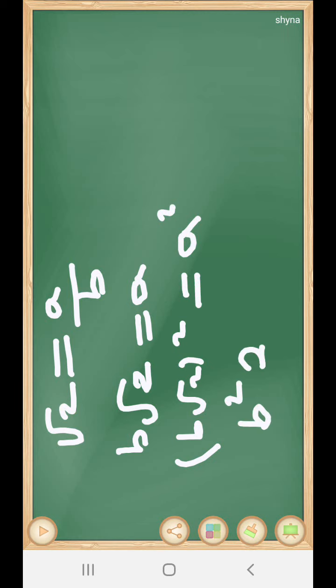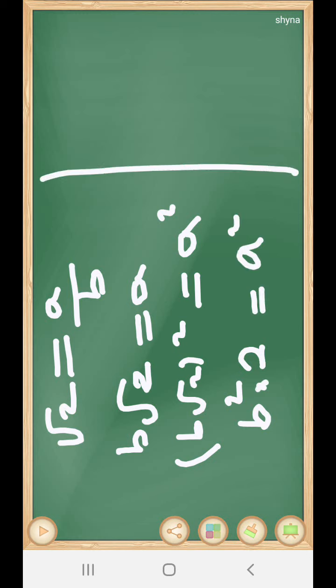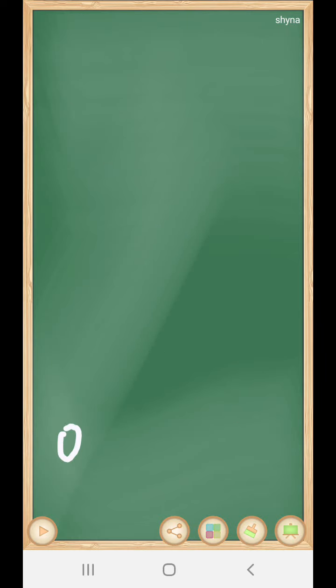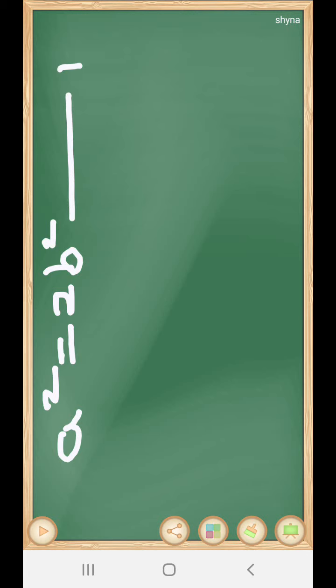It is 2. So b square into 2 equals a square, or a square equals 2b square. Let it be equation number 1.